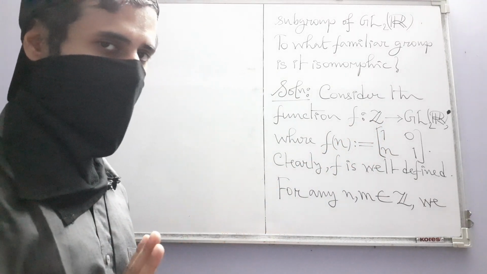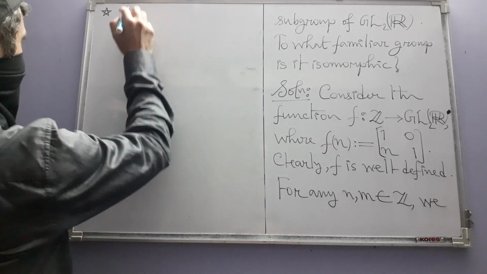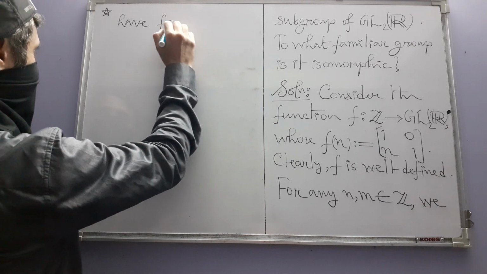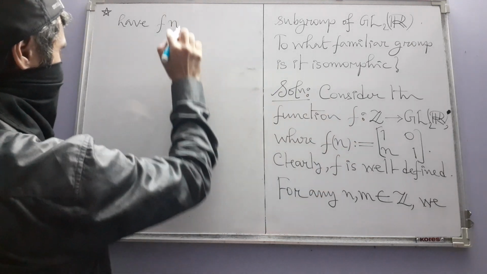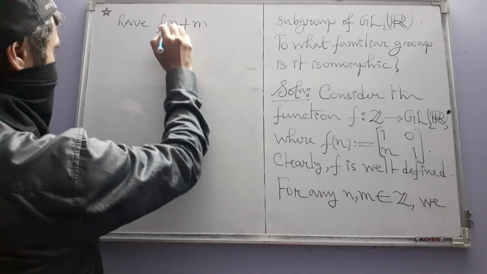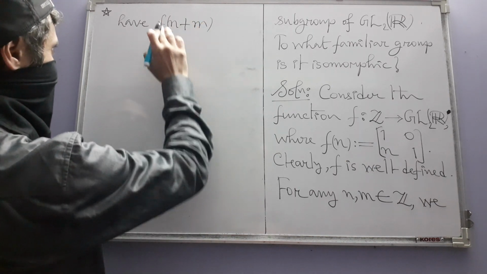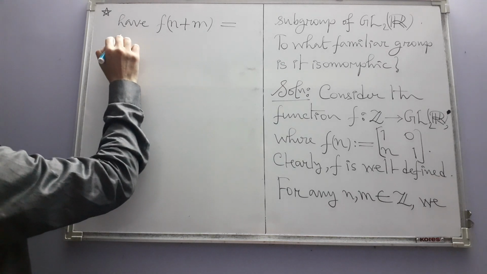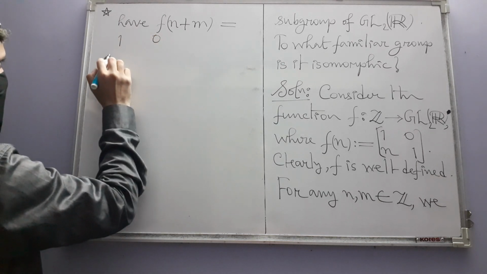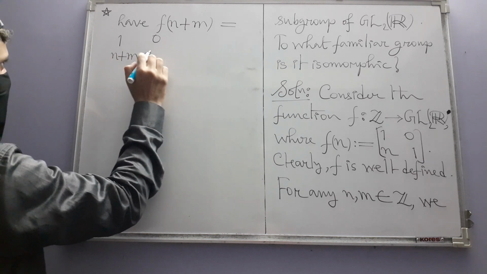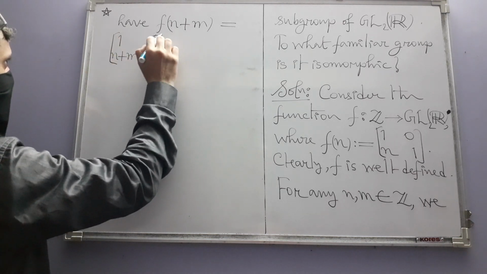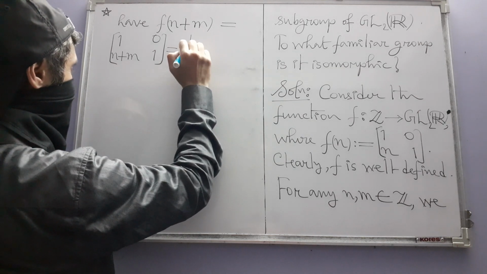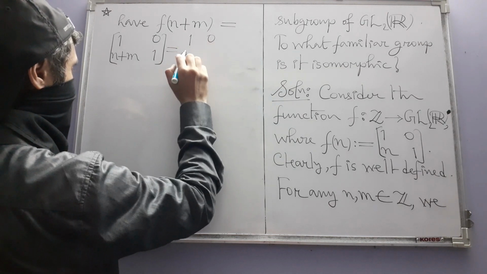They are two entirely different things. So because the operation here is addition, we add n and m up and apply f on that. So this, by the definition of f, will be this matrix. Now the question is, is this matrix equal to this product?